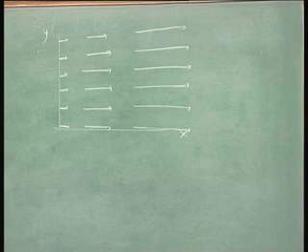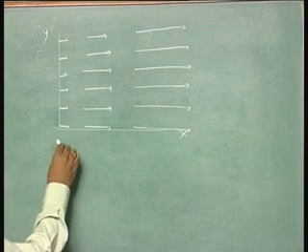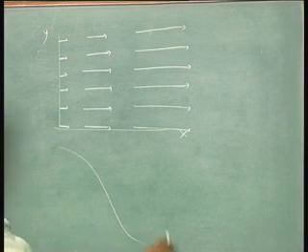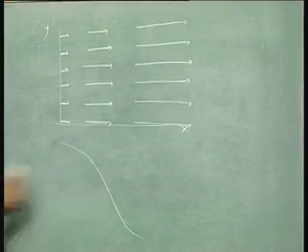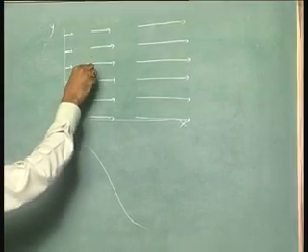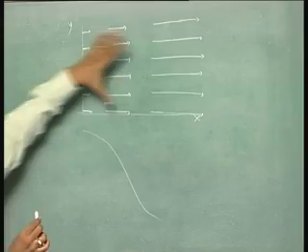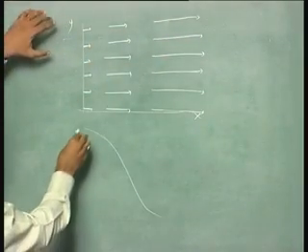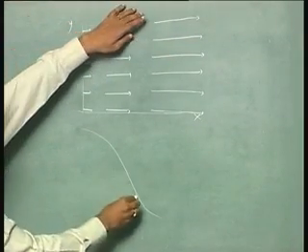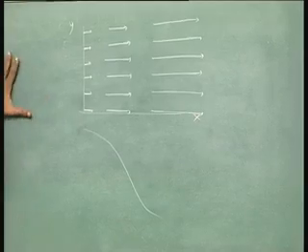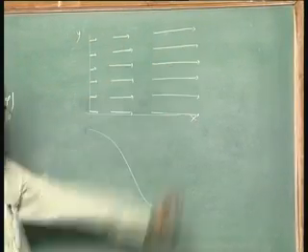What sort of field can this be? For example, supposing you have a mountain and there is water flowing and you are looking at the water velocity of the river. Here it is slow, here it is speeding up, here it is very fast. So, the water is flowing faster and faster.